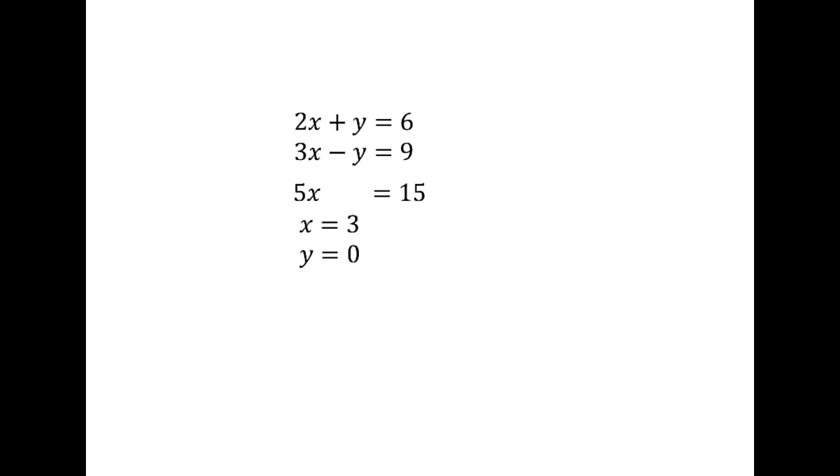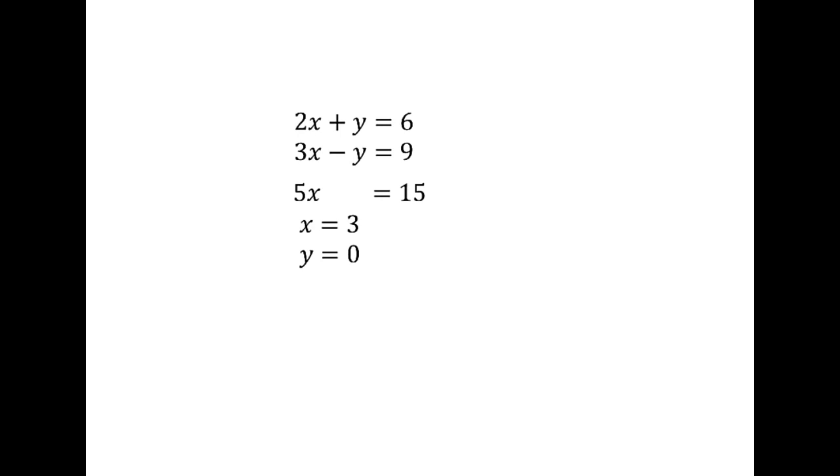For example number 1, we have 2x plus y equals 6, 3x minus y equals 9. In this example, we have 2 x's, 1 y and 6 in the first equation, then 3x and 1 y and 9 in the second one, but the y's are of different signs and they are already the same.